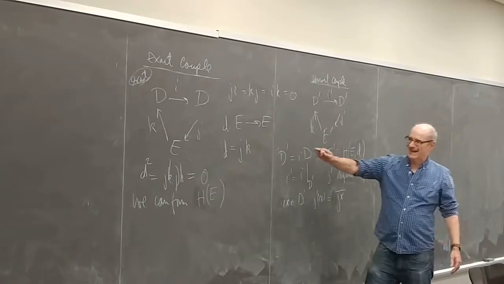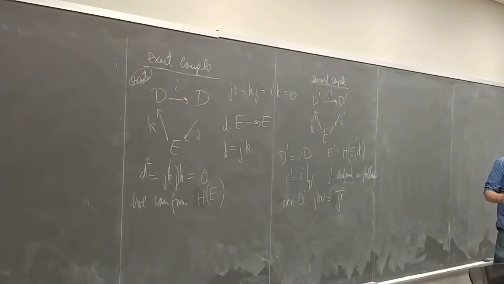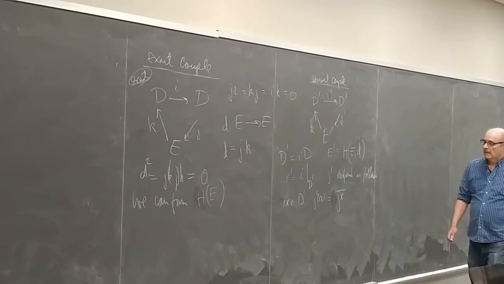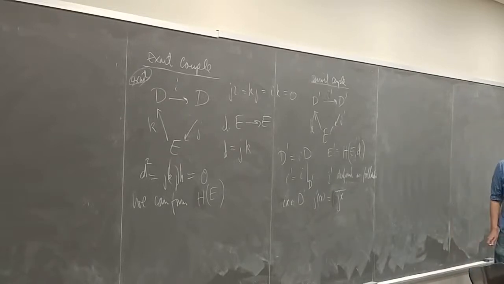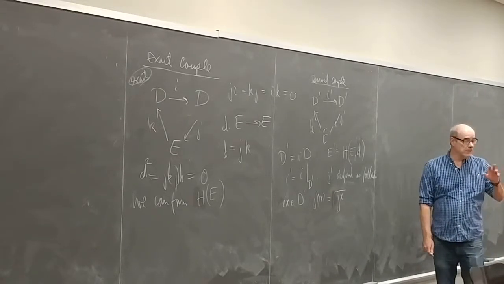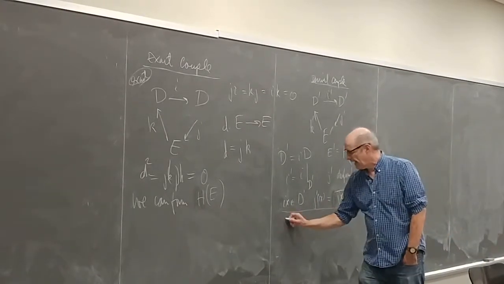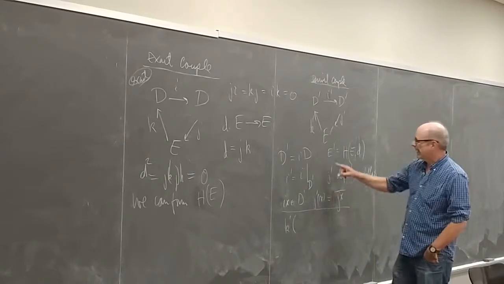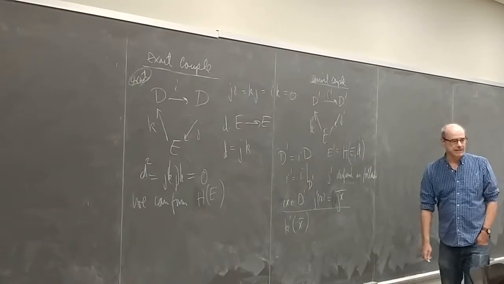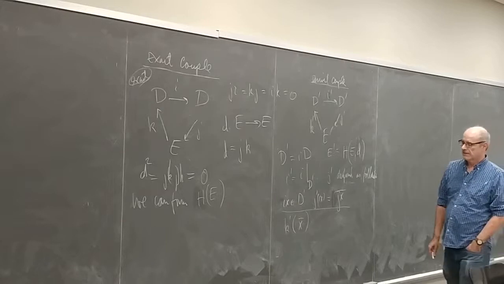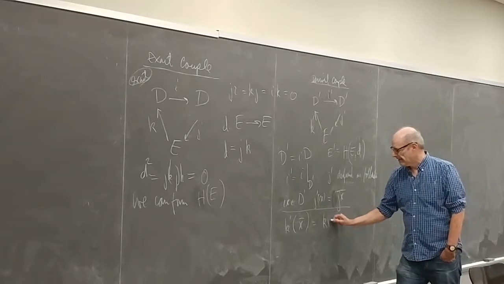If I have an element in E and it's a cocycle, that is, d of that element is 0, then it represents an element in the homology group, and I'll denote that by a bar. So that's the definition of J prime, and you can check that it's well defined. And then K prime is defined as follows. If I have an element in E prime, by definition, that's the homology class of some cycle x. So K prime is just going to be obtained by taking K of x.